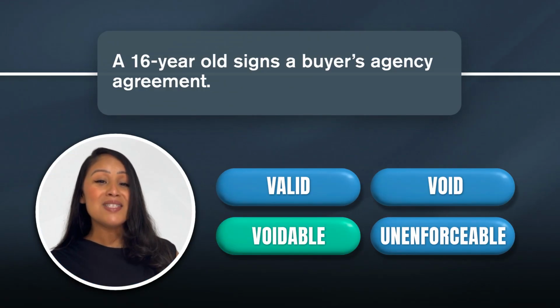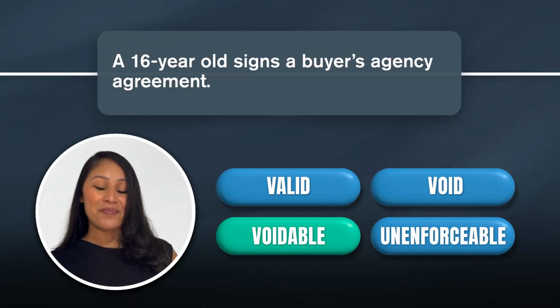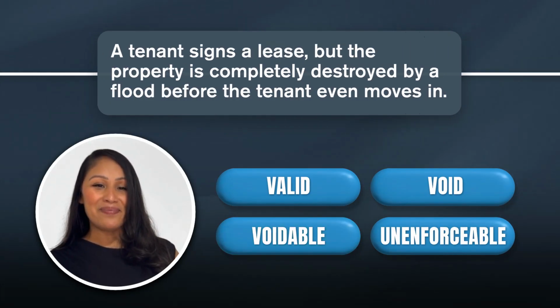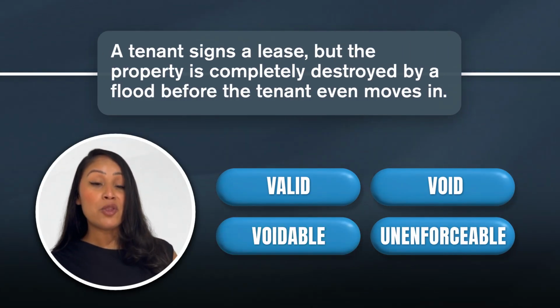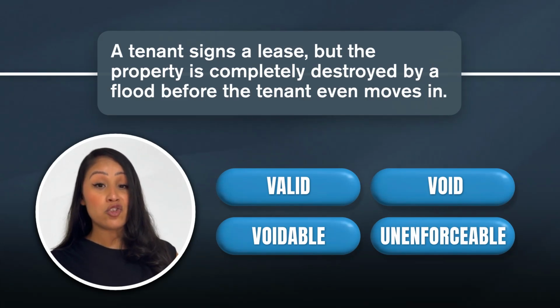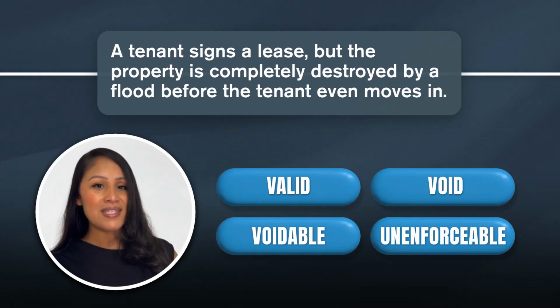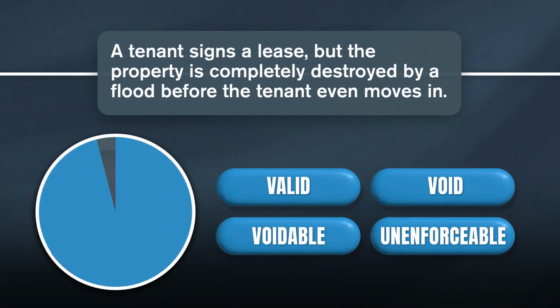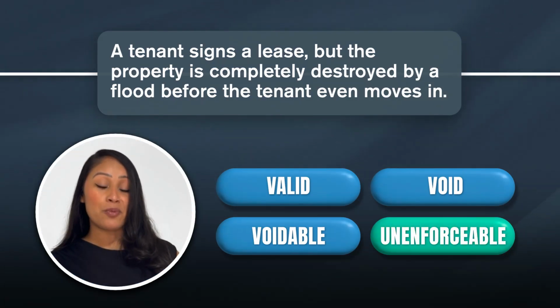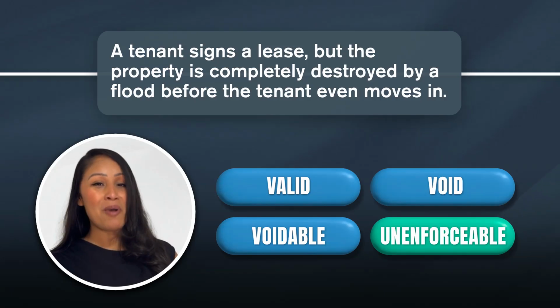Voidable, because one of the parties is a minor. Number 6, a tenant signs a lease, but the property is completely destroyed by a flood before the tenant even moves in. Unenforceable. Performance has become impossible.